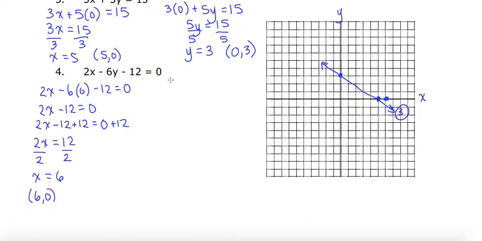And now we're going to find our y-intercept. So we're going to substitute 0 in for the x and solve for y. So 2 times 0 is 0, so that is eliminated. So we have negative 6y, take away 12 is equal to 0. So same thing, we're going to add 12 to both sides to get rid of the constant on the left-hand side.